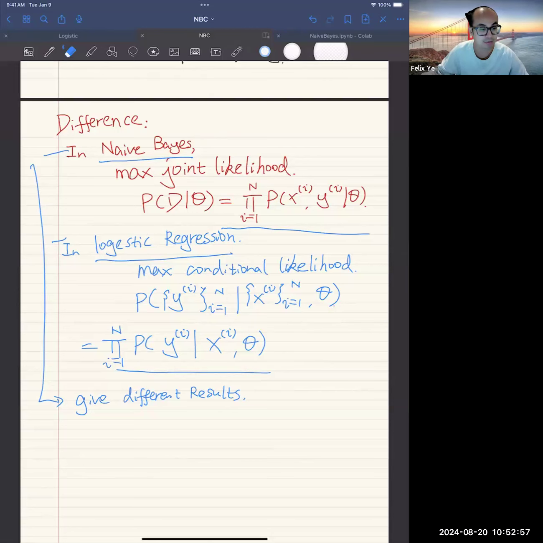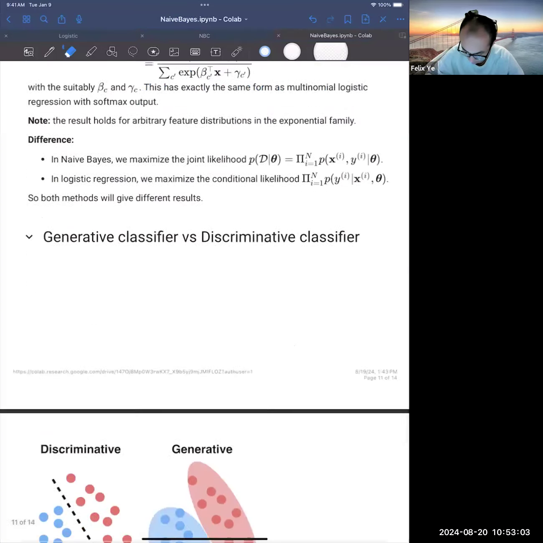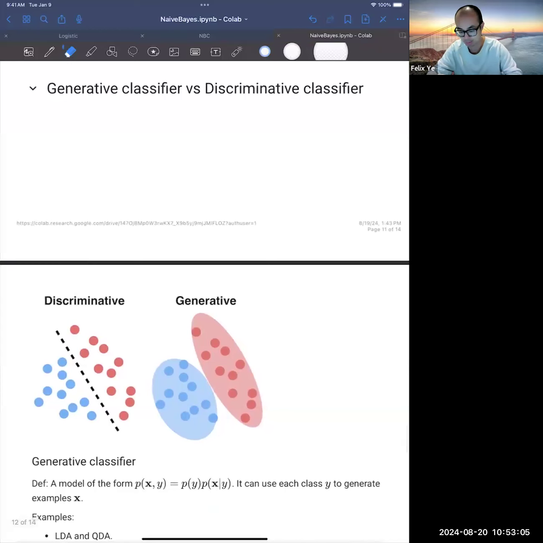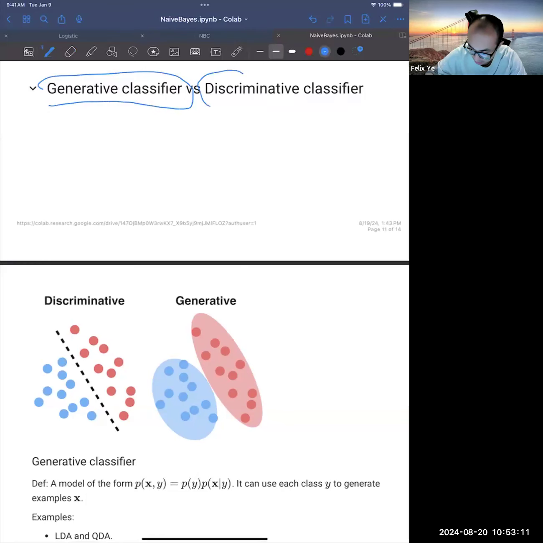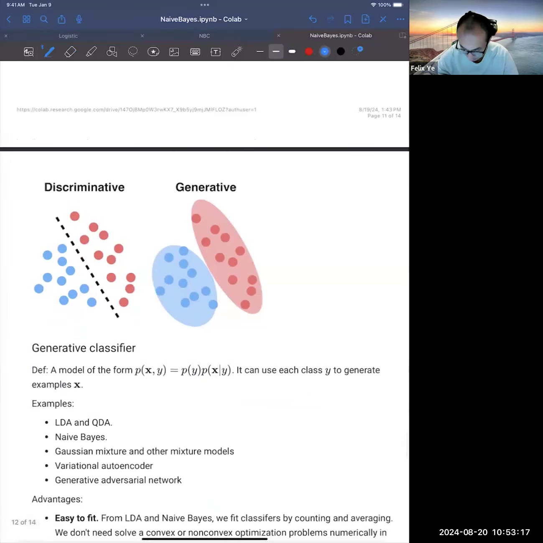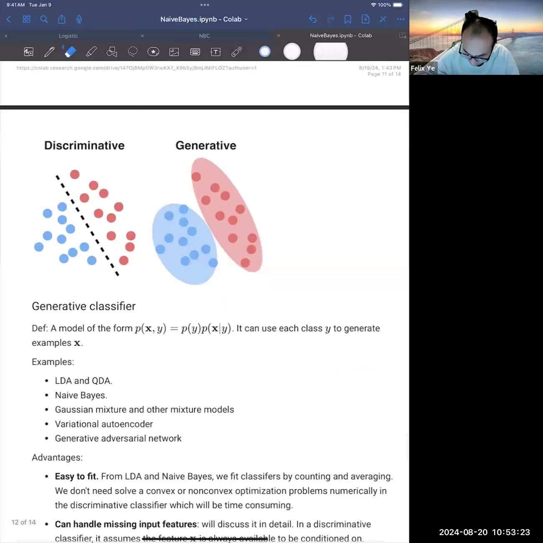So what is the difference in general? It actually lies in these two frameworks. One is called the generative classifier. One is the discriminative classifier. So these are the two pictures right here. For example, this is something called a generative classifier.